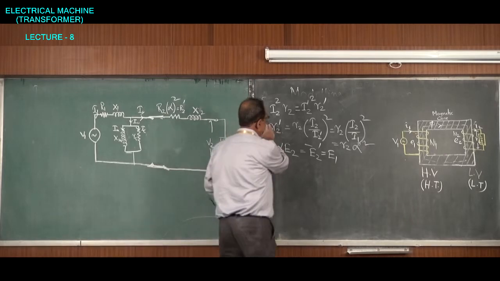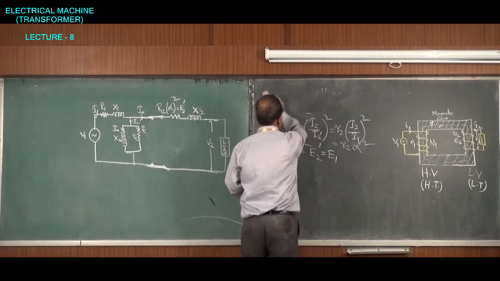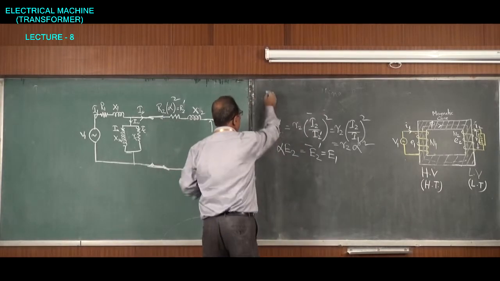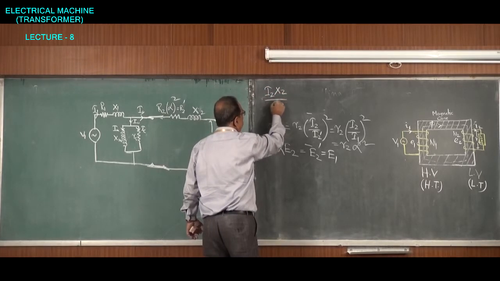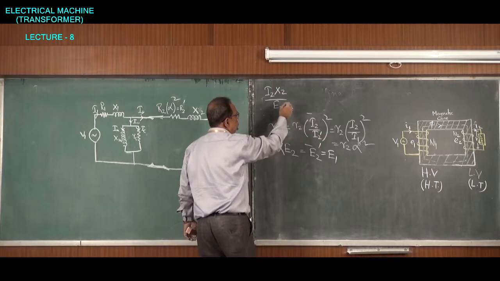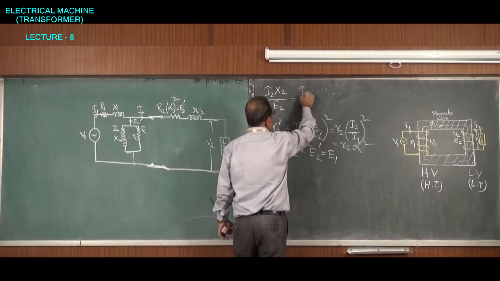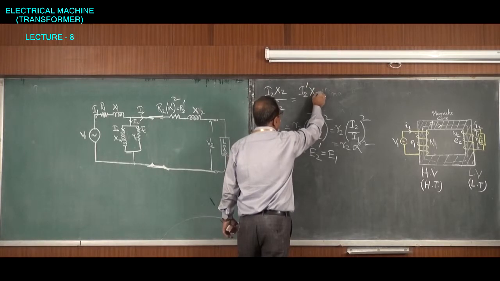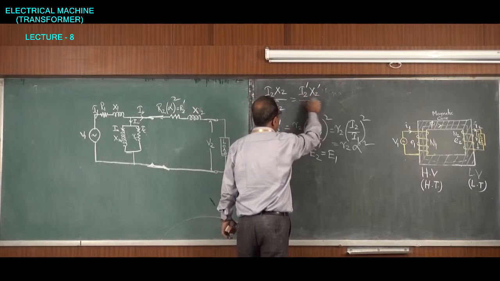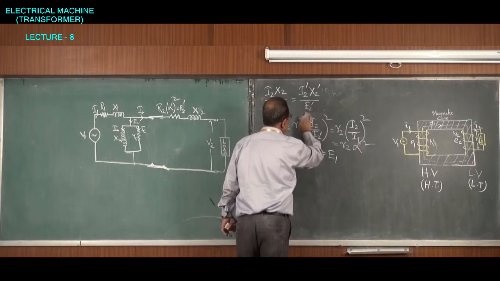That means inductive voltage drop was I2 into X2, and the voltage was E2. Now in the changed circumstances, the current has become I2 dash, the reactance will be X2 dash, and my voltage will be E2 dash, that means E1.